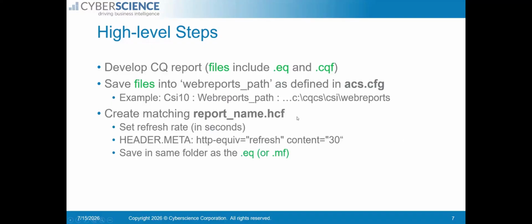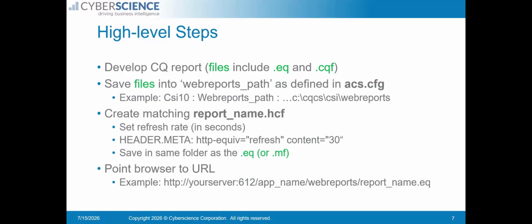You create the report name.hcf with the desired refresh rate, or the EQ if you're doing a macro. If you've got a macro, it's the same kind of concept, but you create that HCF to match the macro name if you have to do a multi-pass like the compose dashboard. And then you figure out how to point the browser to the appropriate report, and you're done.